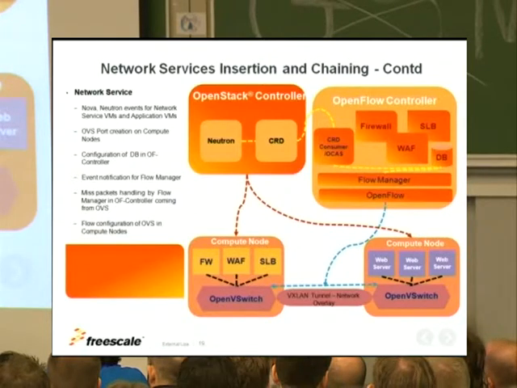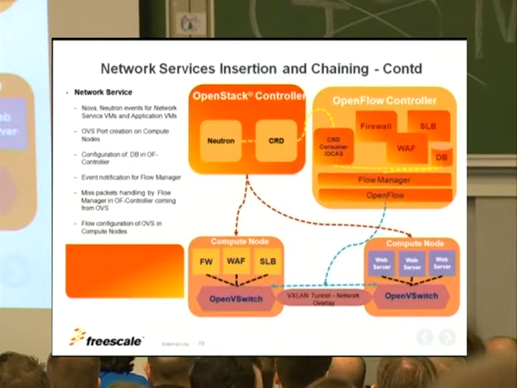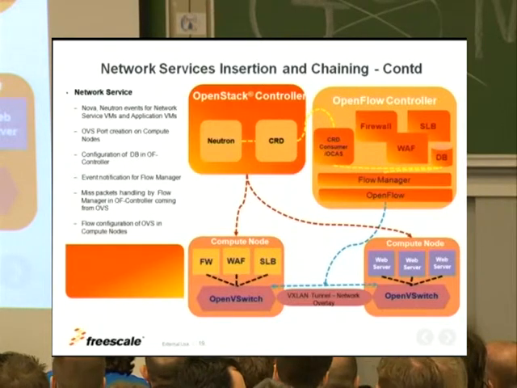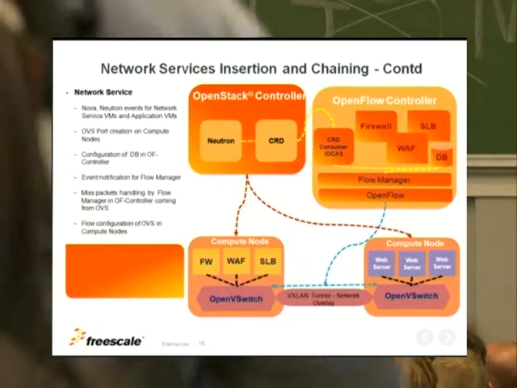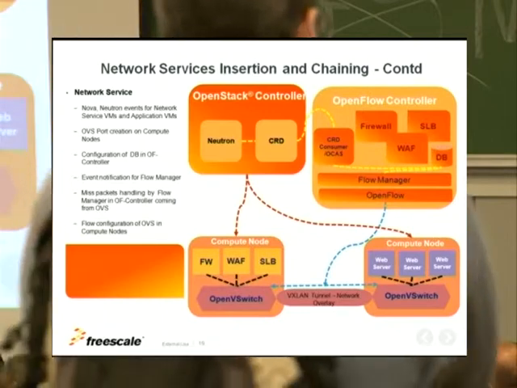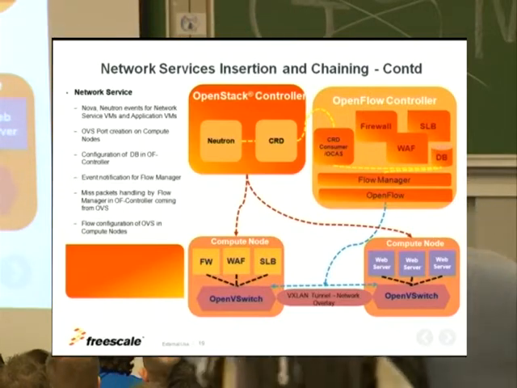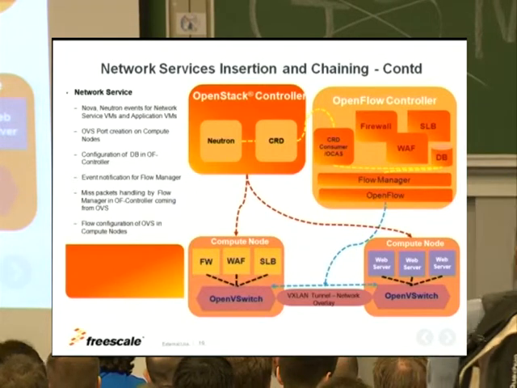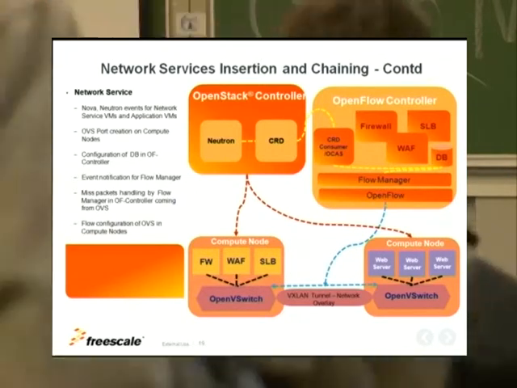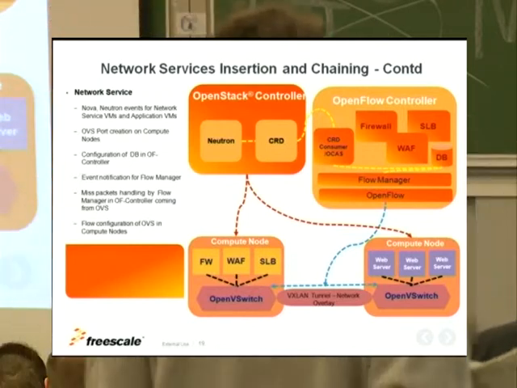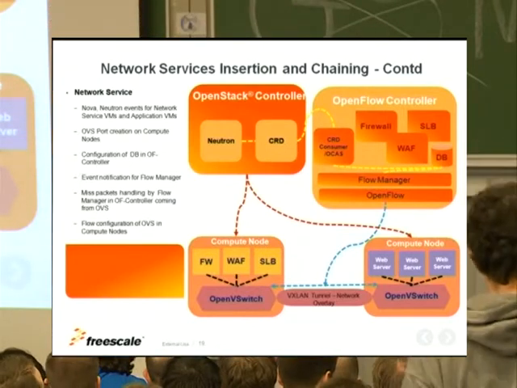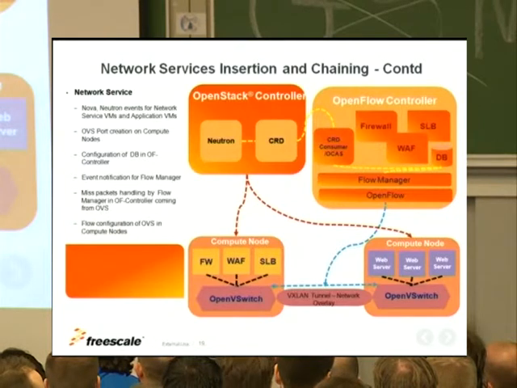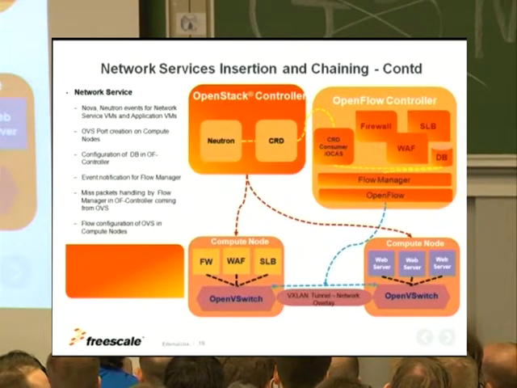So the corresponding flows which are required, based on the events generated, will be captured, and the flows will be pushed from the Flow Manager to the Open vSwitch of compute nodes where the network functions and network services are running, as well as the plain applications like web servers, applications or database, the 3 types.